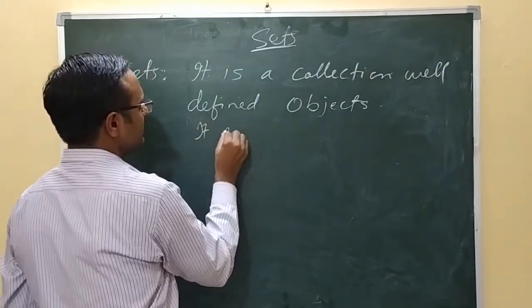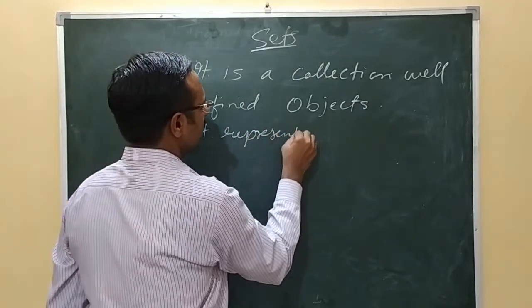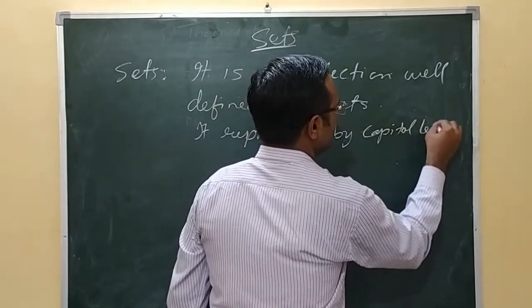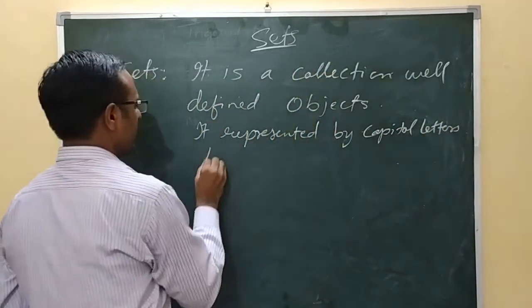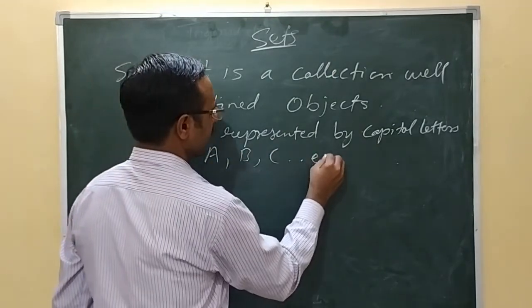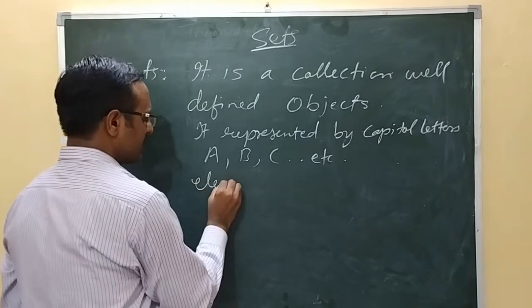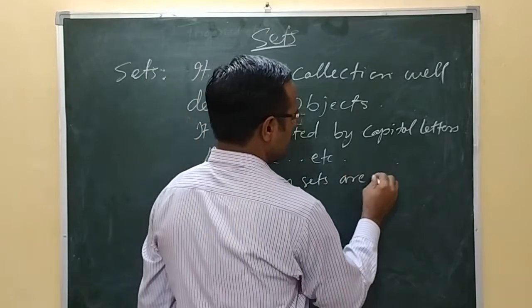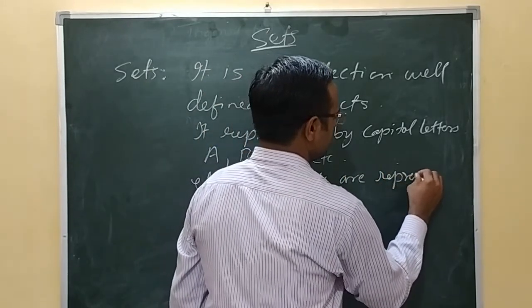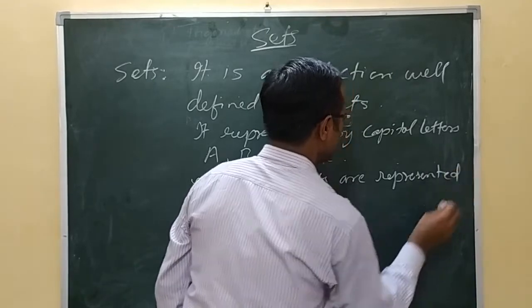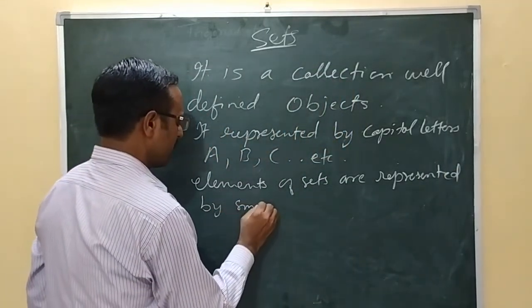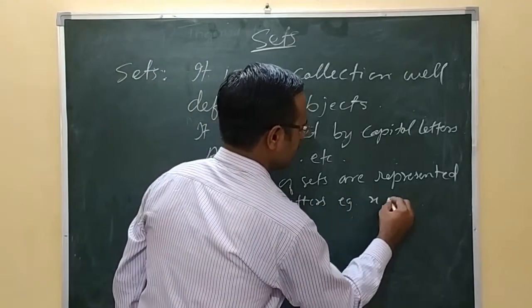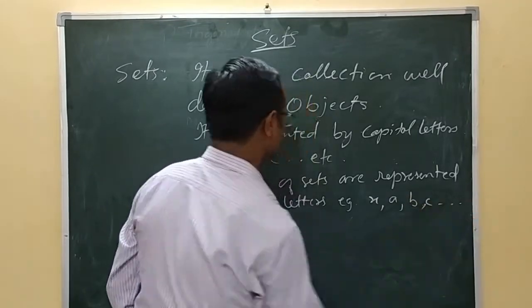It is represented by capital letters A, B, C, etc. Elements of sets are represented by small letters. Example: x, a, b, c, and so on.